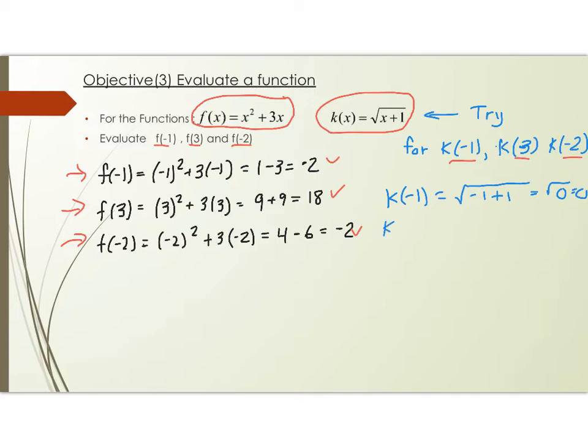For k of 3, we get the square root of 3 plus 1, which is equal to the square root of 4, which is equal to 2. K at -2 is equal to the square root of -2 plus 1, which is equal to the square root of -1, which is equal to i.